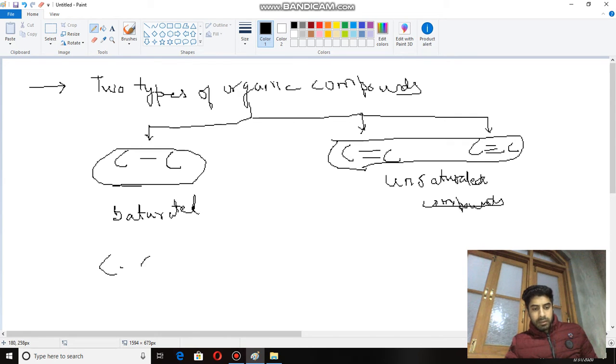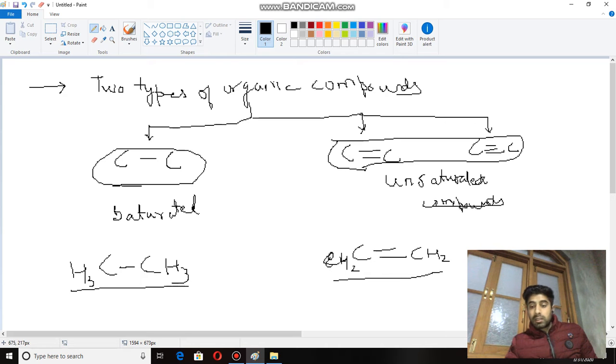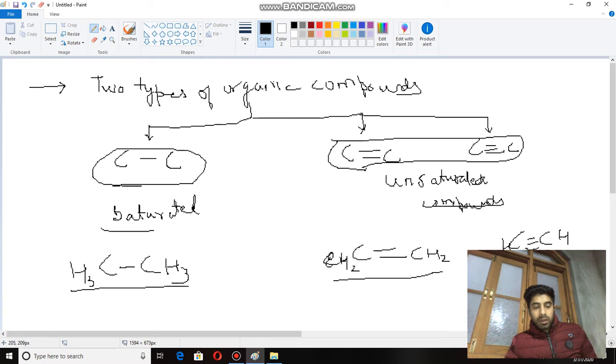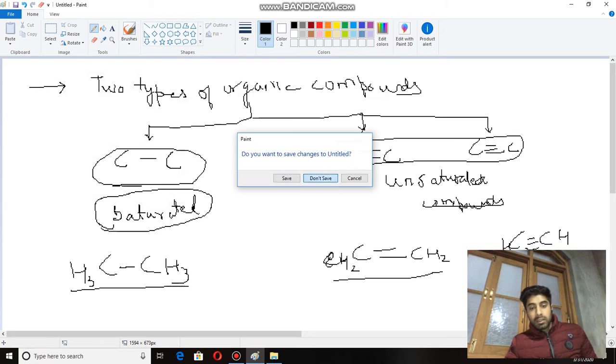For example, CH3, this is ethane, and for example, let's make ethene, sorry, it's not C, this is H2, this is ethene, and similarly like this H and H. Now first of all we'll talk about saturated compounds.